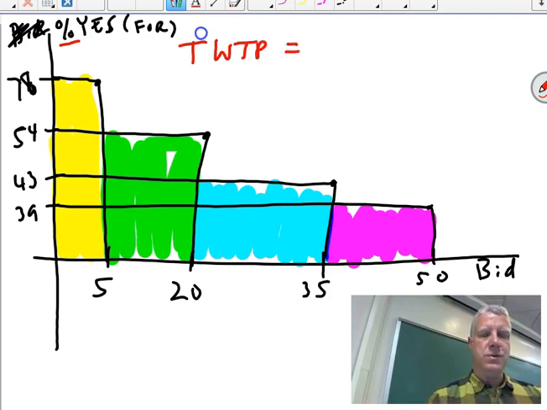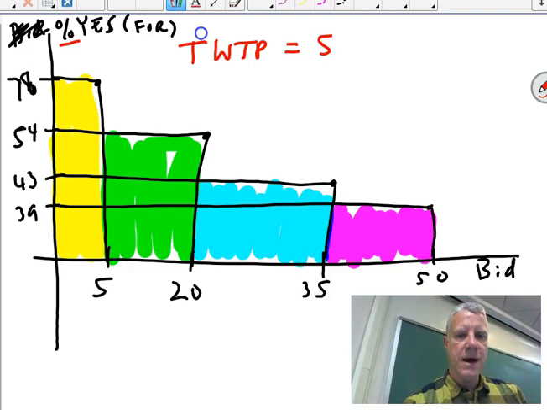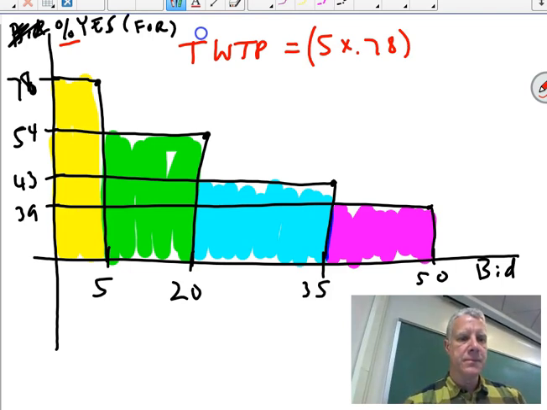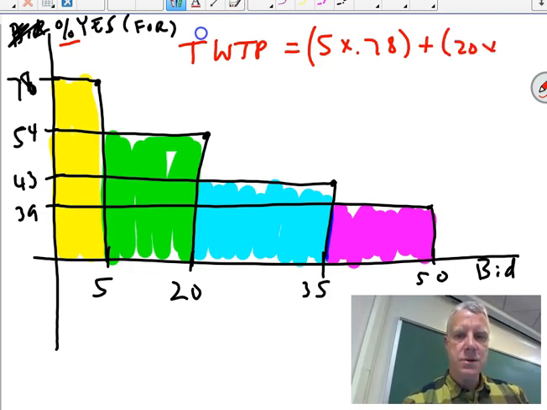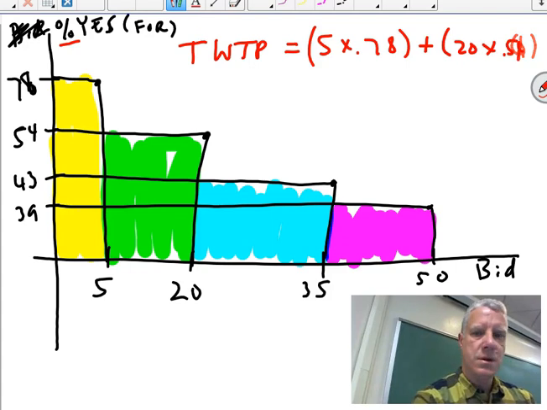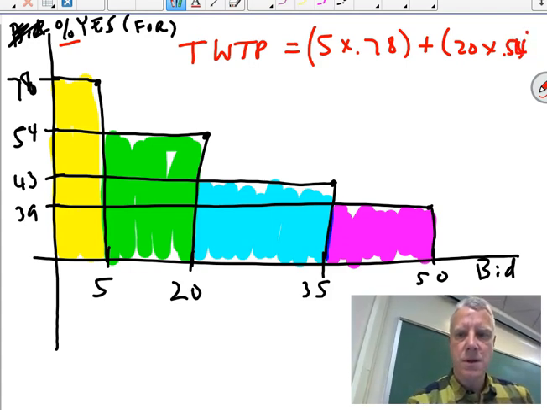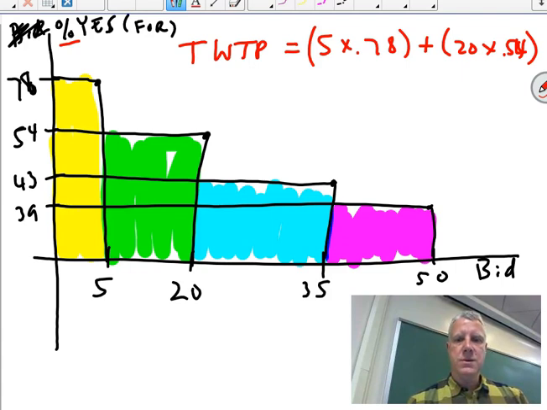And that's going to be equal to the base times the height of each rectangle. So at a bid of $5, we're going to multiply that by 0.78. And that would be the area of the yellow rectangle. At a bid of $20, the percentage yes comes in at 0.54. So that second parenthetical is the green rectangle.